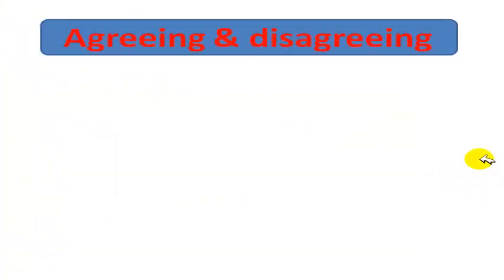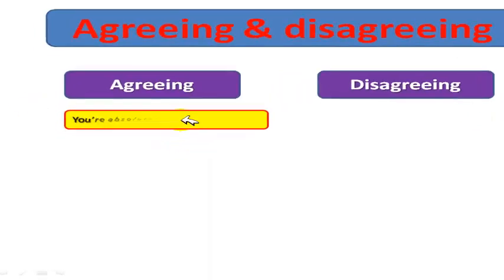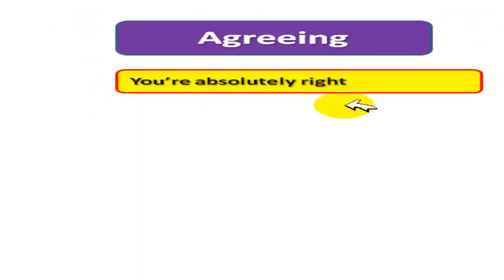Now we move on to how we can agree or disagree with other people's opinions. Agreeing and disagreeing. Okay, for agreeing I can say you are absolutely right.